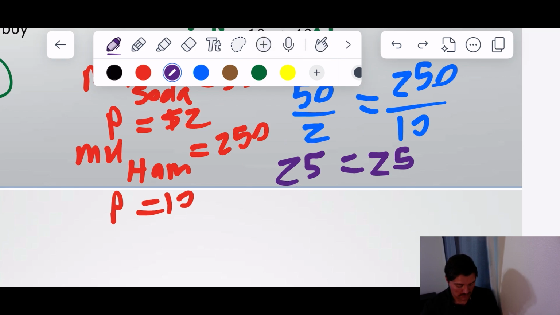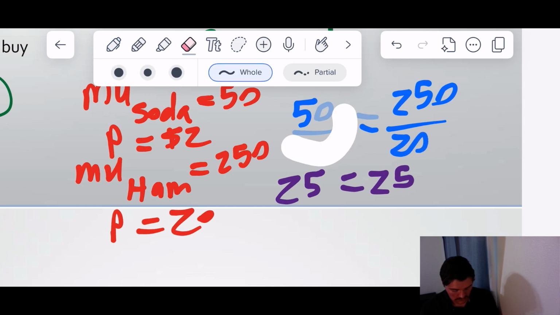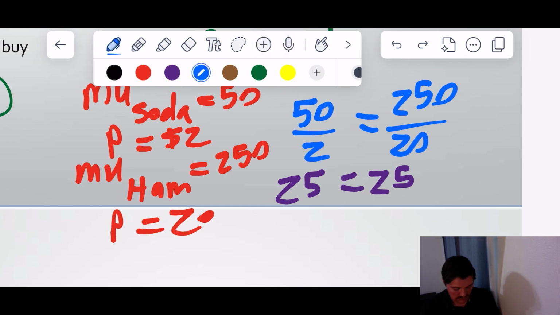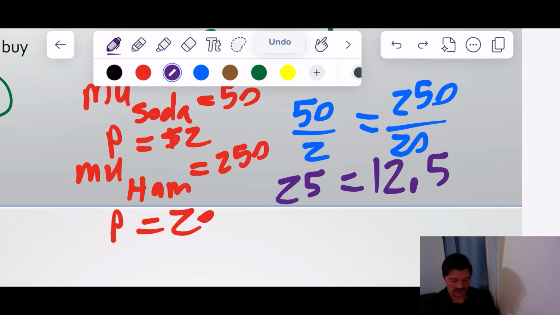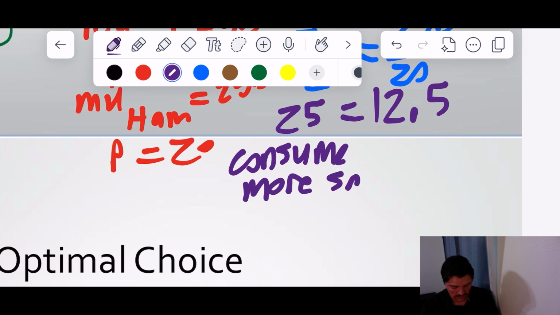Okay. If the price of the ham sandwiches were to be different, let's say 20, you did the same numbers. You would do 25, but this side would now be 12.5. So by doing this, you would see that the soda side is making you happier, so you would consume more soda.